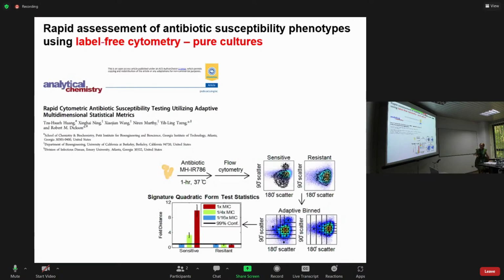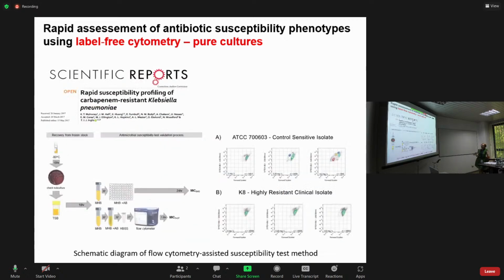In the literature, there are label-free cytometry methods for detecting antibiotic susceptibility phenotypes in pure cultures. But pure cultures means that we have already lost 24 hours. Then also other types of tests using label-free cytometry.